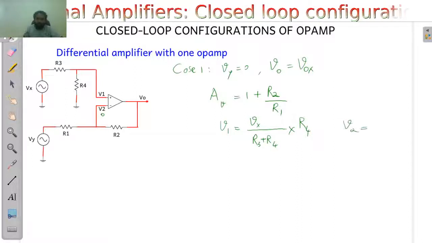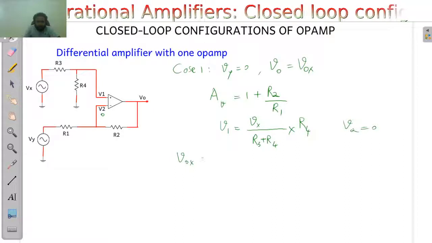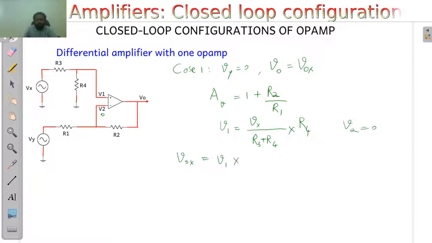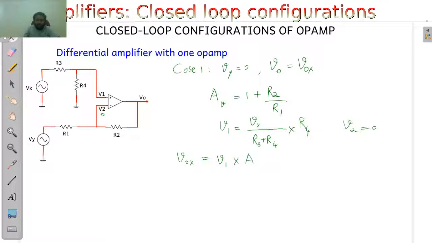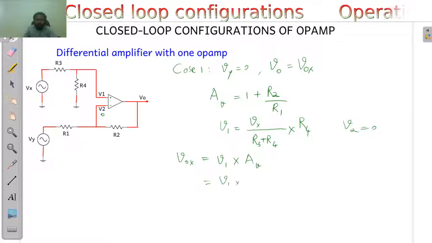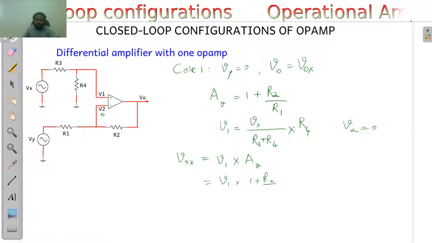So V2 is 0. Thus our output voltage is given by Vox equal to V1 times the closed loop voltage gain AV, that is V1 times 1 plus R2 by R1.